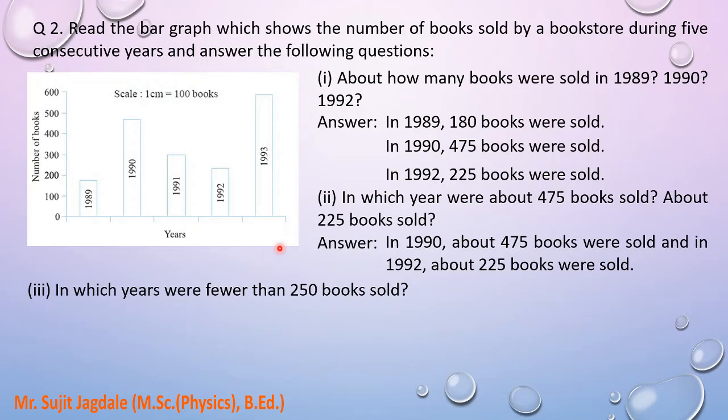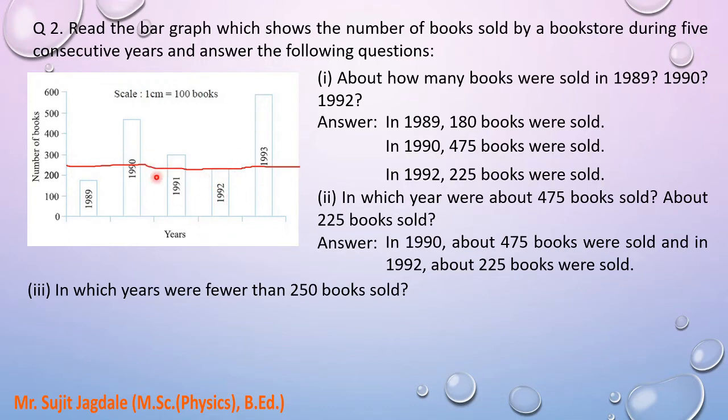For that purpose, you have to again keep that scale on the 250 mark. So here where that 250 will come, it is exactly between 200 and 300. And if we draw one line, or you can keep the scale on that 250 mark, you can observe which bar graphs are below that line.